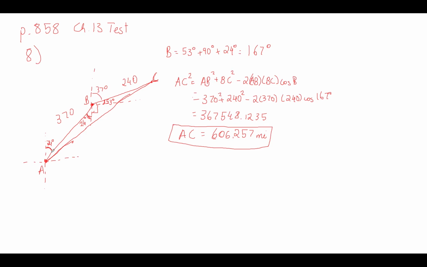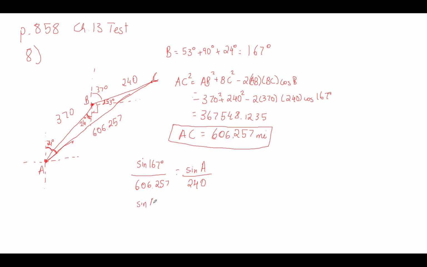The second thing I need to know is what angle A is, because that can tell me the bearing. So for the bearing, I'd have to do 24 plus whatever angle A is. So now I know this is 606.257. I know angle B is 167, which means I can do the law of sines on it. So sine of 167 degrees divided by 606.257 equals the sine of A divided by 240.